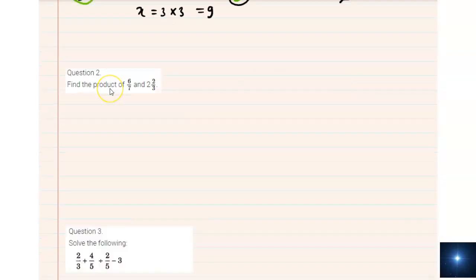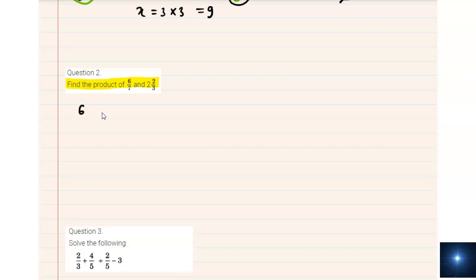Here is the next question, which says find the product of 6 by 7 and 2 and 2 by 3. How will we solve it out? Let's see. Product means the multiple of 6 by 7 into 2 and 2 by 3.